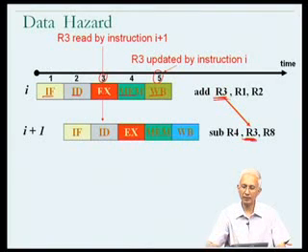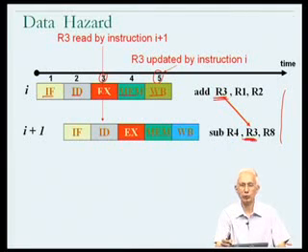Hence the designation of this as a hazardous situation, a situation in which unless something is done, the result of executing simple program instruction sequences like this would be wrong. In this particular case, the instruction I plus 1, the subtract instruction, would get an old value, the previous value from register R3.